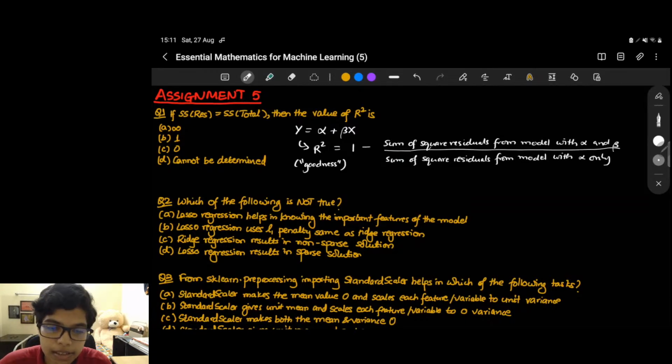So this is the definition of R squared, and the higher the value of R squared, the better your fitting is.